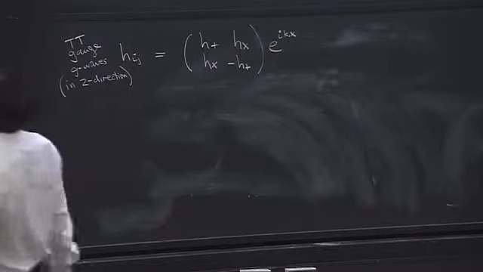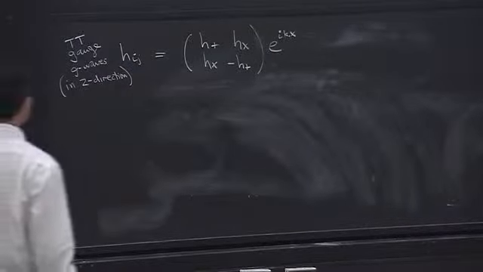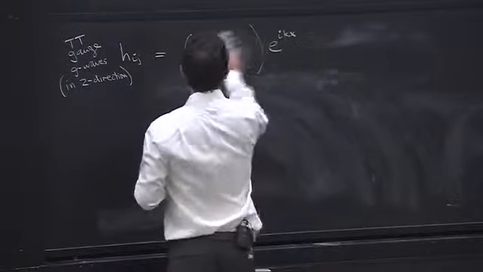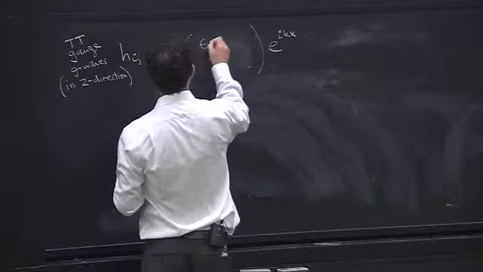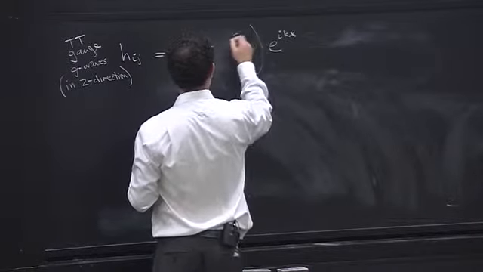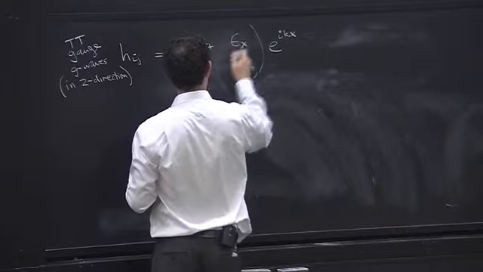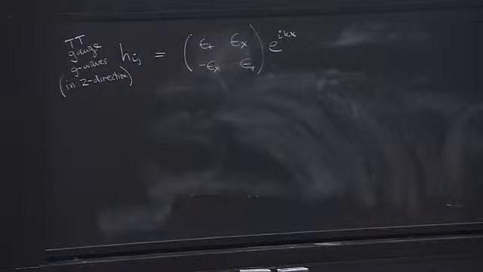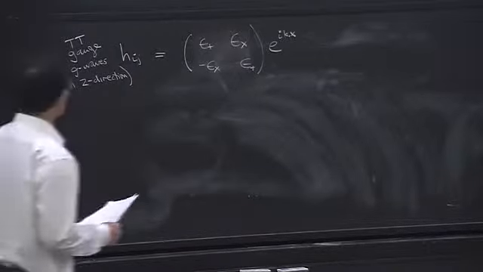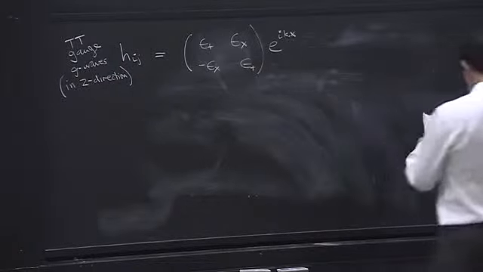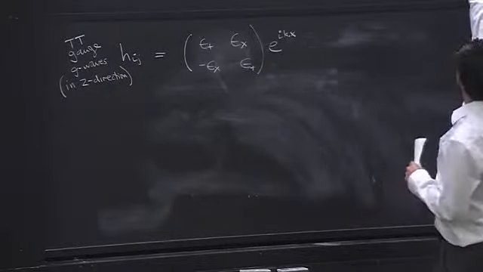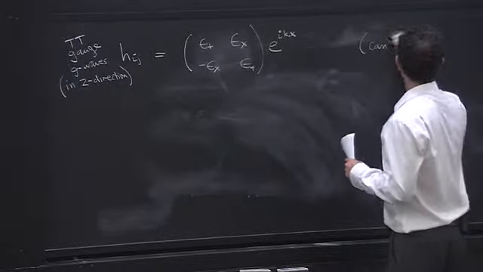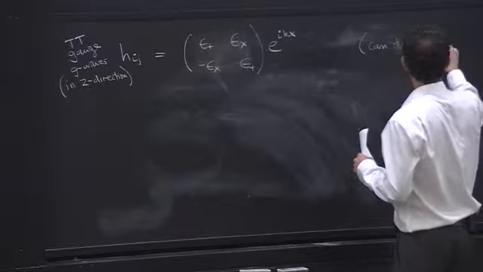Now let me just be careful. How did I define them as epsilon? Maybe I'll call them epsilons just to make clear they're constants. Okay, so the only quantity that depends on space-time is that quantity. And furthermore, in solving this equation, we can just take the spatial coordinate x to be 0.